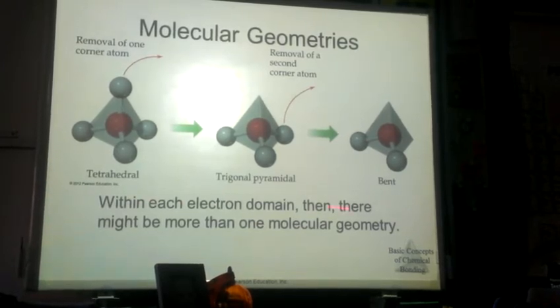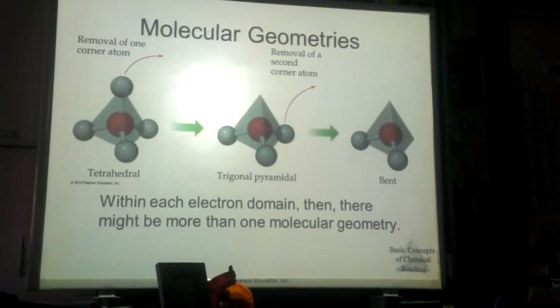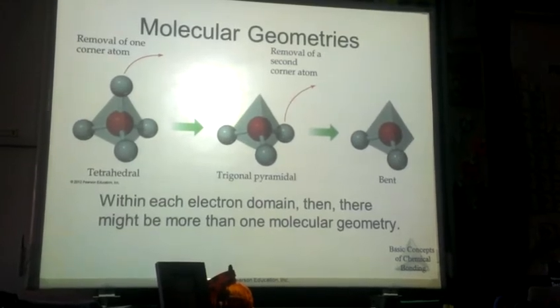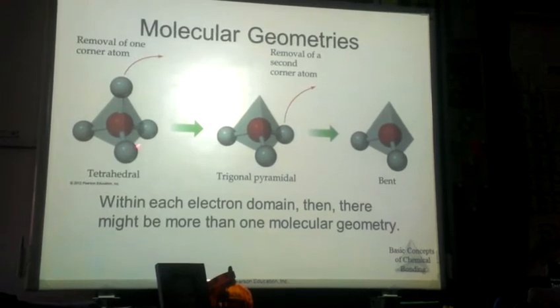Within each electron domain, there might be more than 1 molecular geometry. So if I'm in the tetrahedral electron domain, and I have a non-bonding pair here, it's no longer called tetrahedral, it's called trigonal pyramidal. And the reason that we have these different ones is because the bond angle is going to change a little bit. Between all of these atoms is a 109.5 degree bond angle.